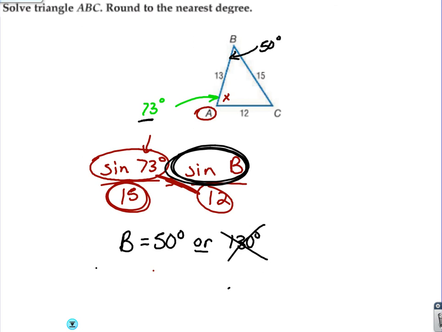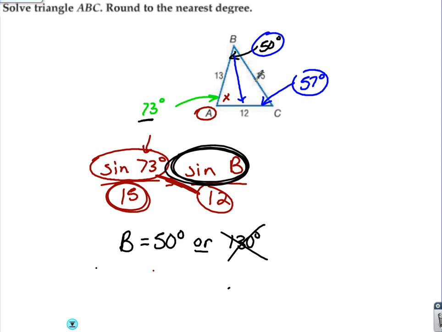So you've got 73, you've got 50, and now that you have two angles you have the third one that's 57 degrees. You've solved it. And you can check yourself. Look, smallest angle, smallest side. Just a little bit bigger, just a little bit bigger. And slightly bigger than that leads to slightly bigger than that. That's the three angles in that triangle.